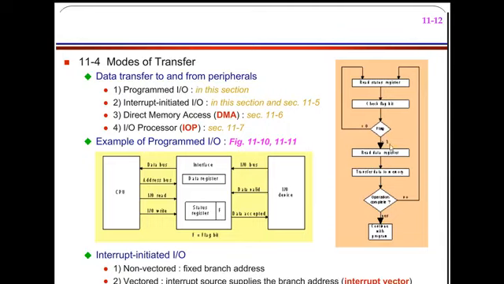If the flag bit is 1, it will read the data register. Once the data register value has been read, the data is transferred to the memory. Then we check whether the operation is complete. Yes means it is done. No means it goes back.